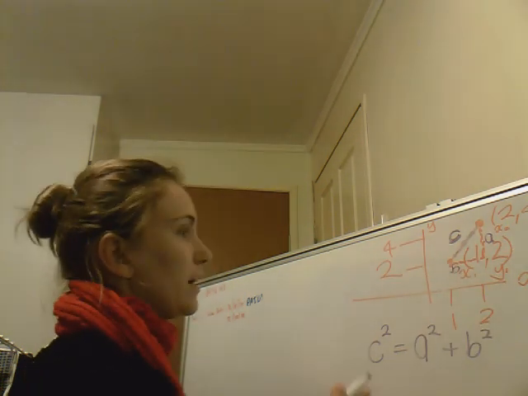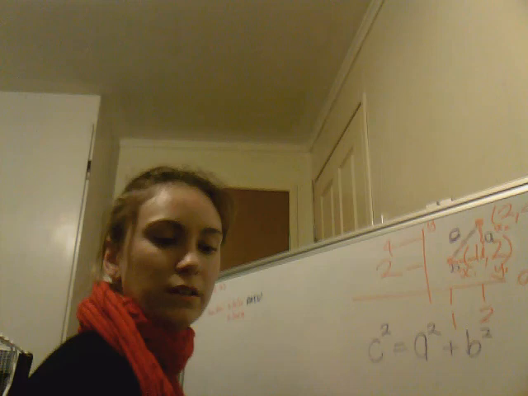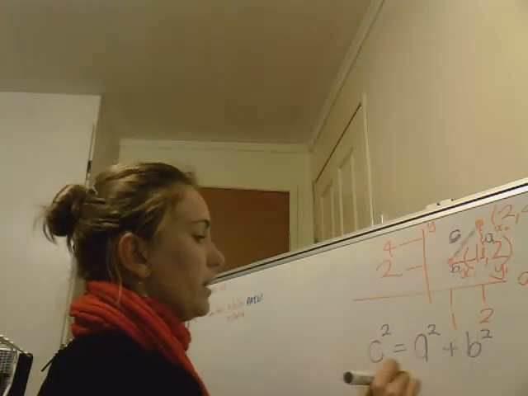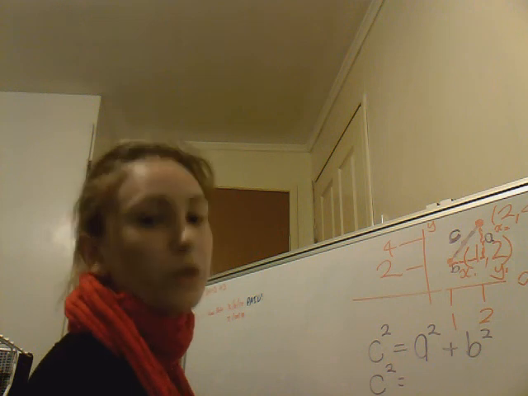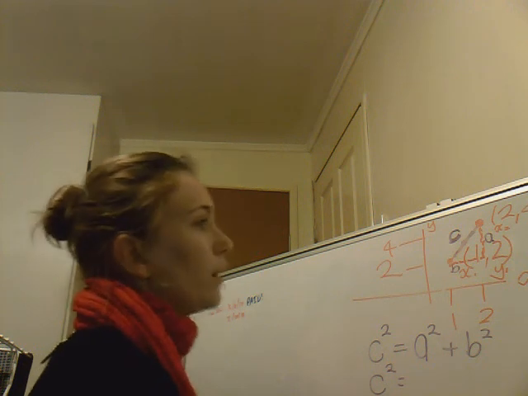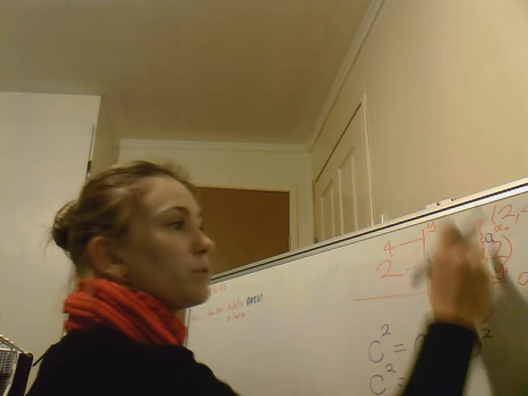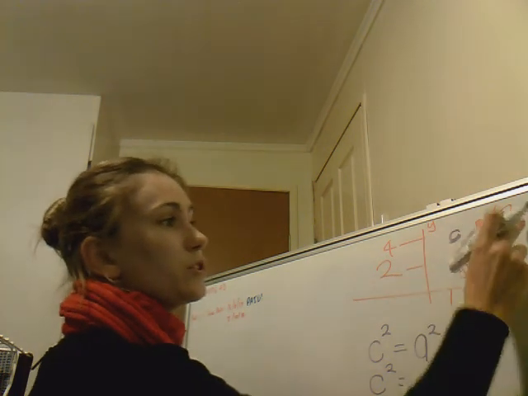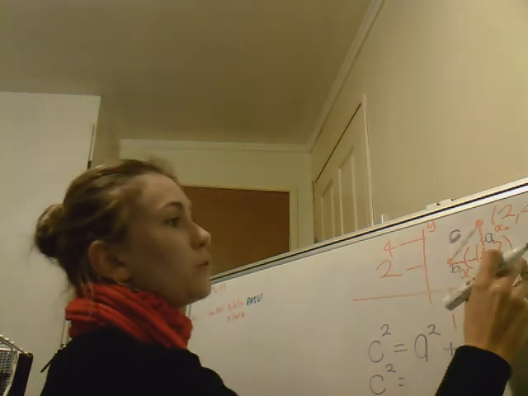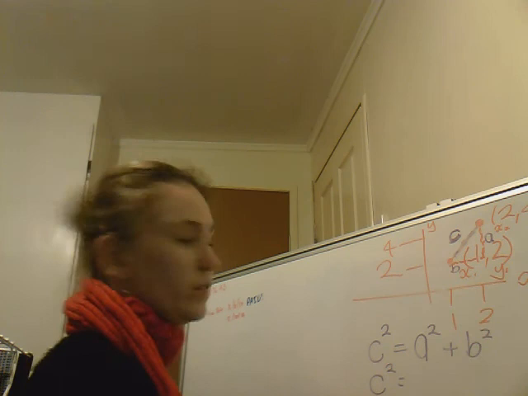So what's our c squared? That's what we're actually going to find out, so we're going to leave c squared. What's my a? Well, remember to work out this line, we're seeing the difference between the two values, which is y2 take y1. So 4 take 2 is 2.